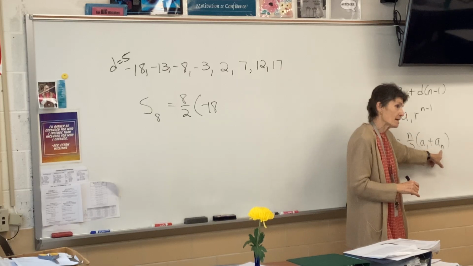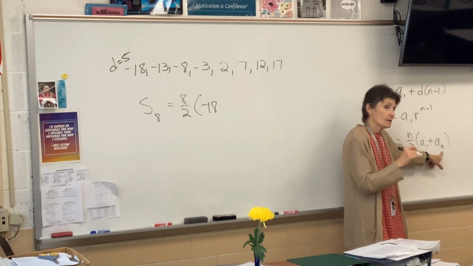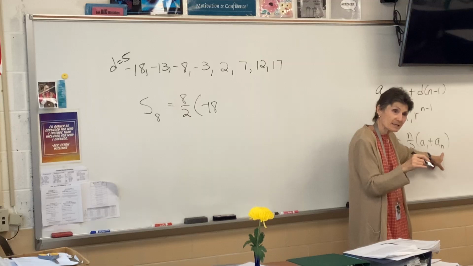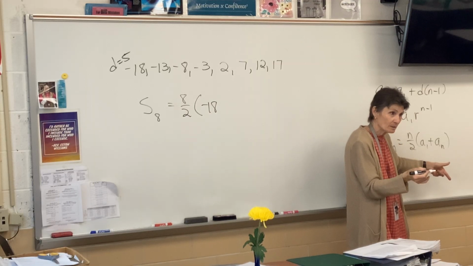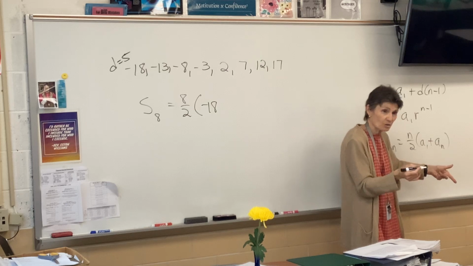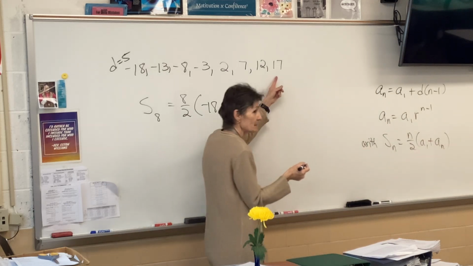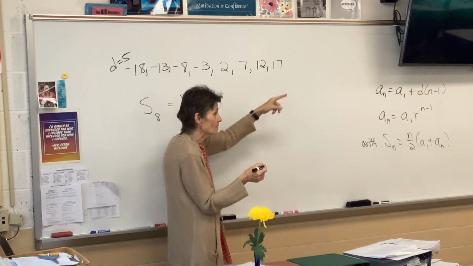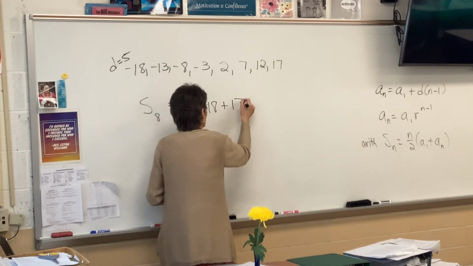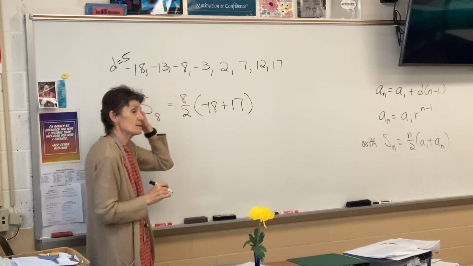What does that stand for? A sub 8, which would be the 8th term. What's the 8th term? 17, isn't it? 1, 2, 3, 4, 5, 6, 7, 8. That's the 8th one. So, there we go. There's the setup.